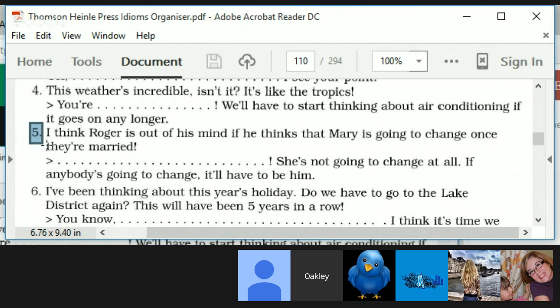Okay, Nader, number 5. I think Roger is out of his mind if he thinks that Mary's going to change once they're married. She's not going to change at all. If anybody's going to change, it'll have to be him.